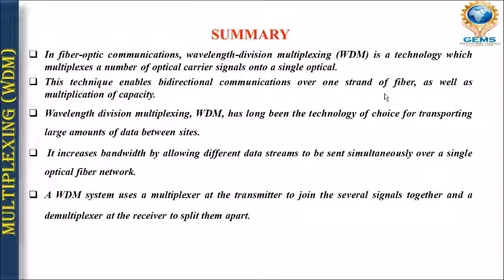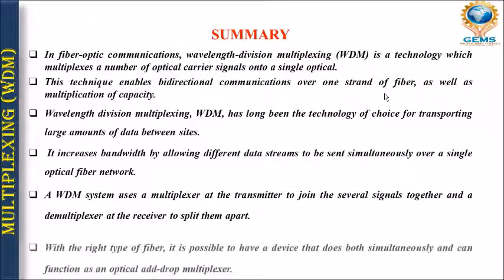A WDM system uses a multiplexer at the transmitter end to join the several signals, and a demultiplexer to split all these signals at the receiver end. In this type of WDM, we use both types of devices, multiplexer and demultiplexer, known as mux and demux respectively.